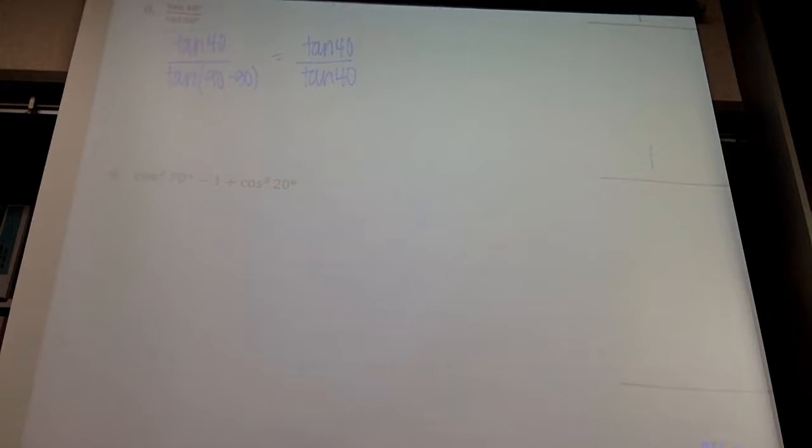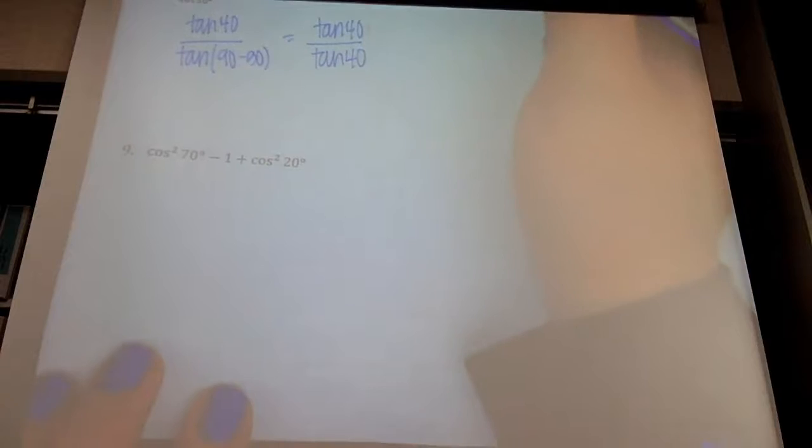Okay, and then we have cosine squared 70 minus 1 plus cosine squared 20. At this point, what I would do, rule of thumb, is first get the angle measures to be the same. So I'm going to change that 20 degrees to 70.